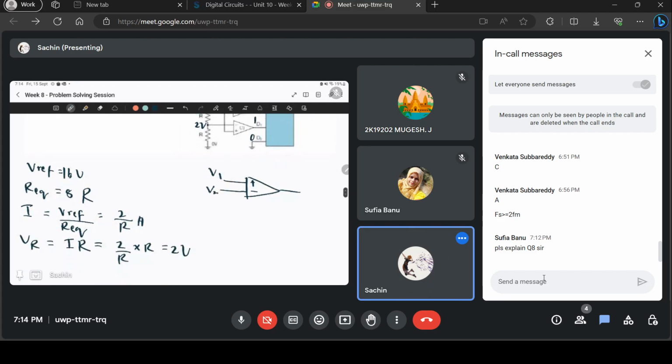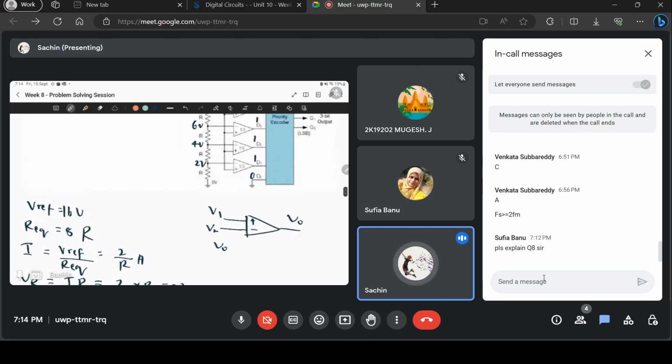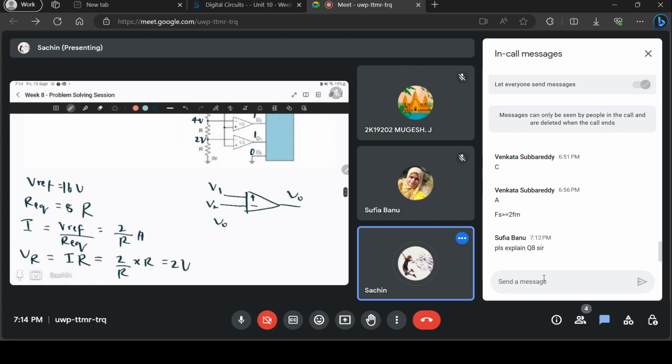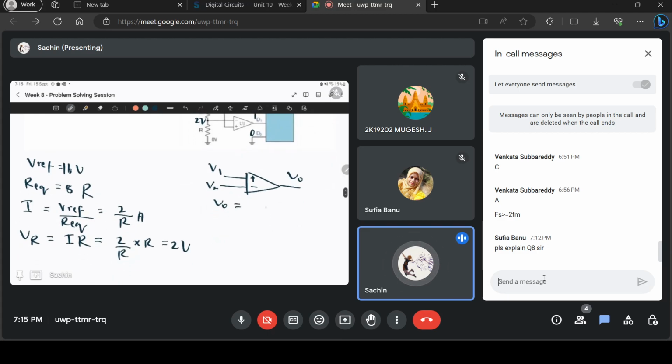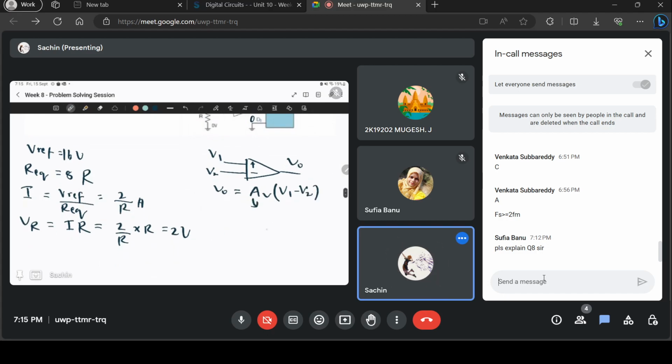The output of this circuit: usually this type of circuit is built by an operational amplifier, and the output will be some number AV times the difference between the input voltages, and this AV will be very high. Ideally it should be infinity.